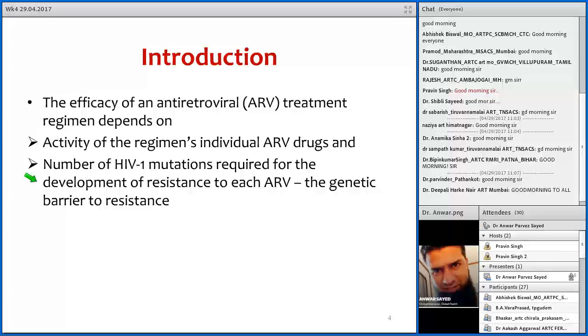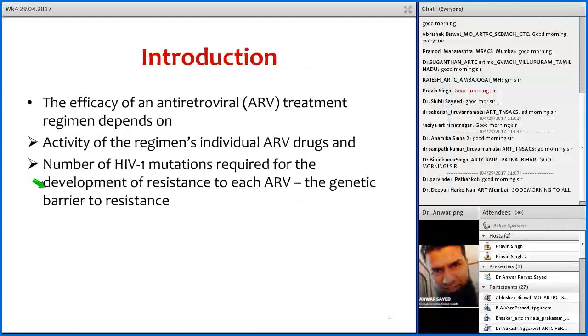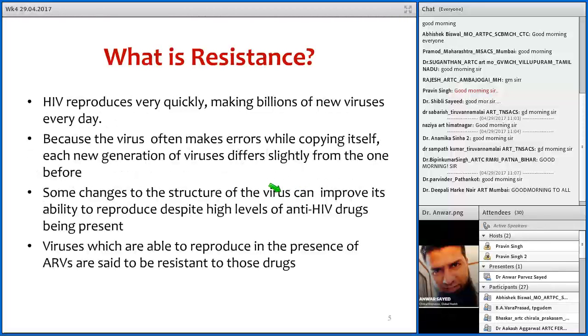So those drugs which become resistant even if there is presence of one mutation are said to have a low genetic barrier to resistance, and those drugs which require more mutations to be accumulated are said to have a high genetic barrier to resistance. This will be further explained in the future slides.